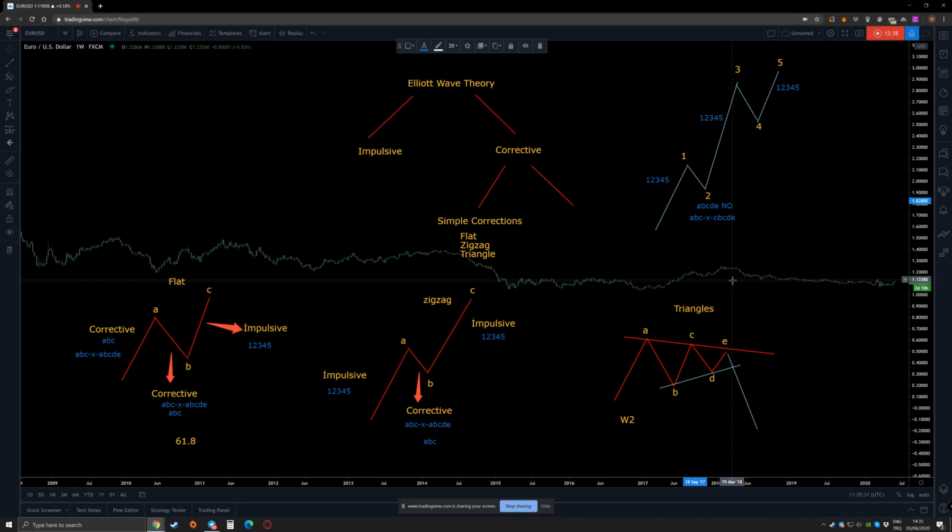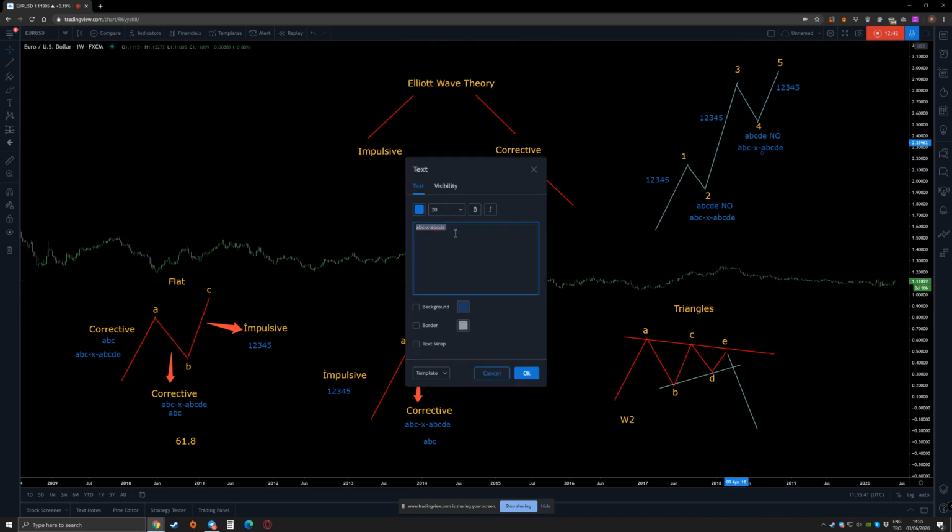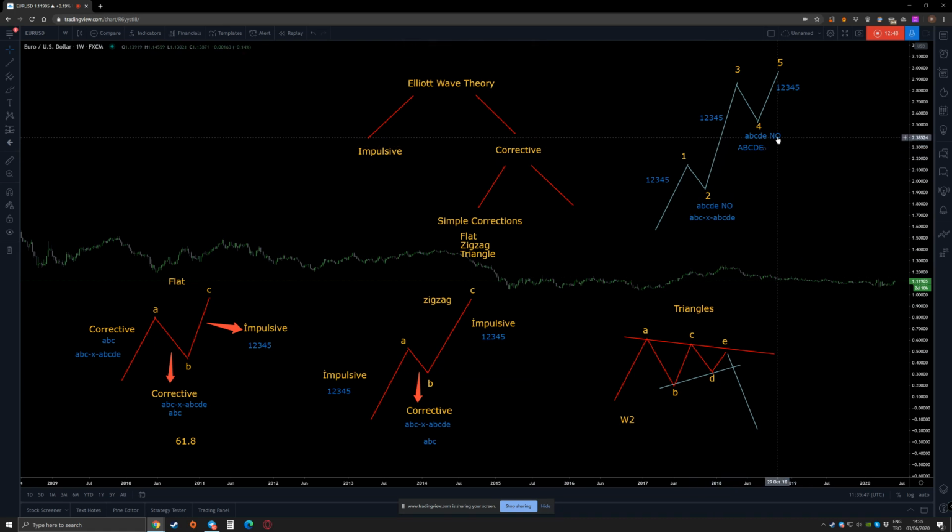On the fourth wave, yes, you can have just by itself a triangle, which is what we call a limiting triangle, and that needs a separate video by itself. But it can happen. Okay? Now, in a wave 2, you cannot have a triangle.